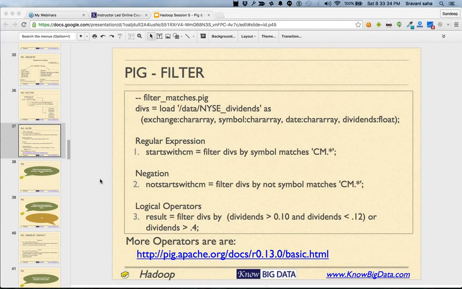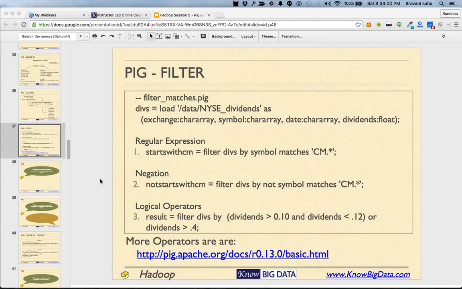Pig is not only significant because of the analytics reasons, but because of its contribution to general distributed computing. When you study Spark, you will notice that most of the syntax and most of the behavior of Spark looks like Pig.